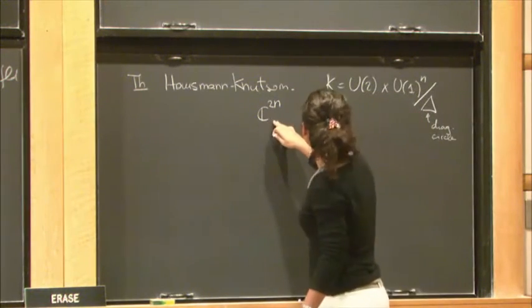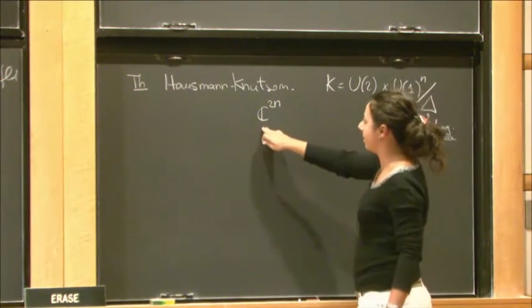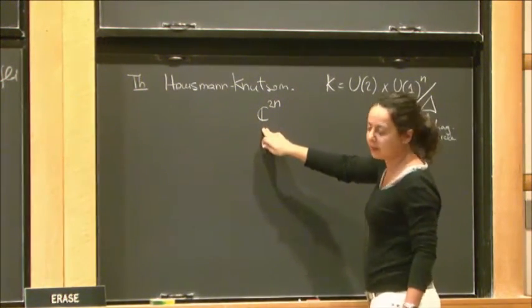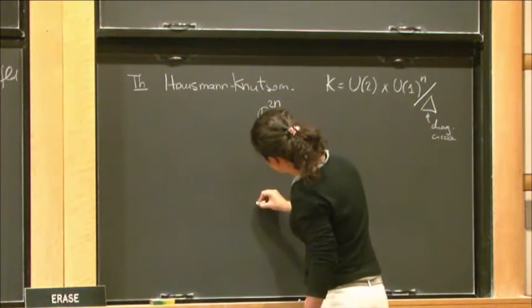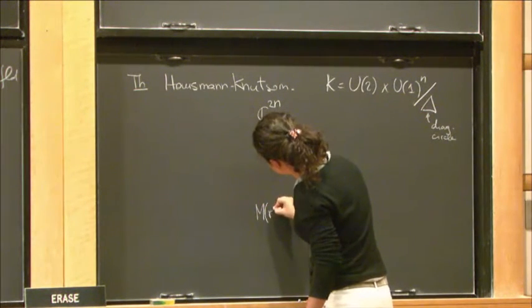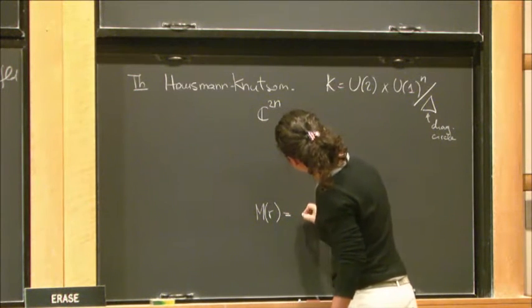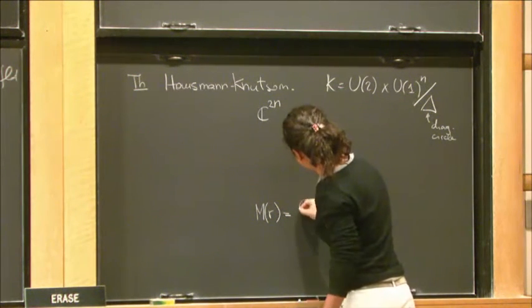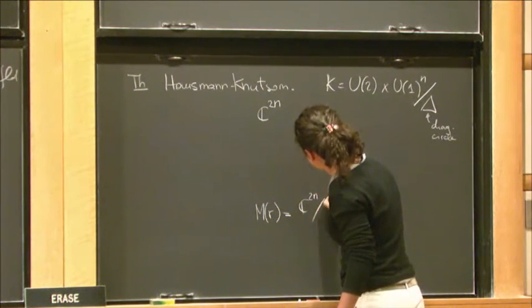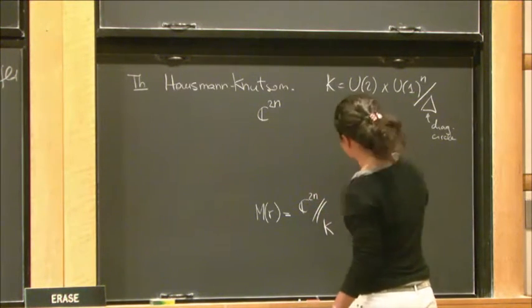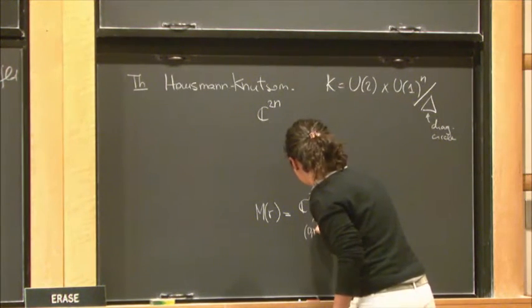Then the result is that the action of K on C^2n is Hamiltonian, and one can obtain the polygon space MR as the quotient of C^2n by K at the 0R level set.